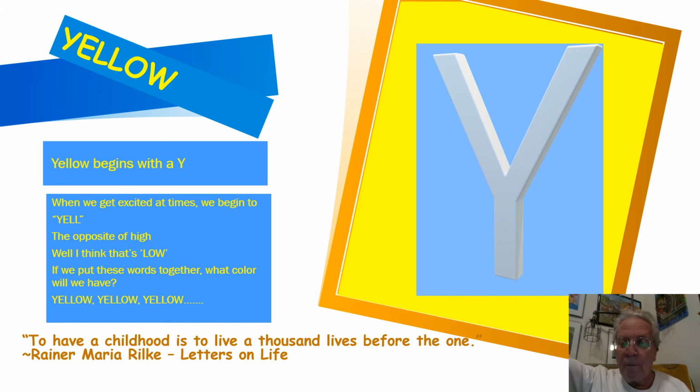What's down at the bottom? I'm going to be low, right? So I got high, and I got low. All right, so I'm going to put yell and low together, and guess what I'm going to come up with? Yellow. Yep. Yellow, yellow, yellow. Try saying that 5 times fast.